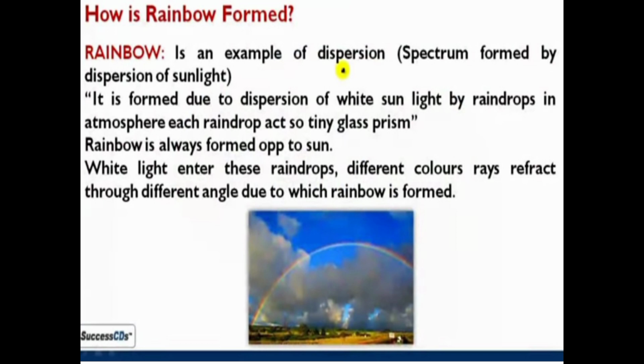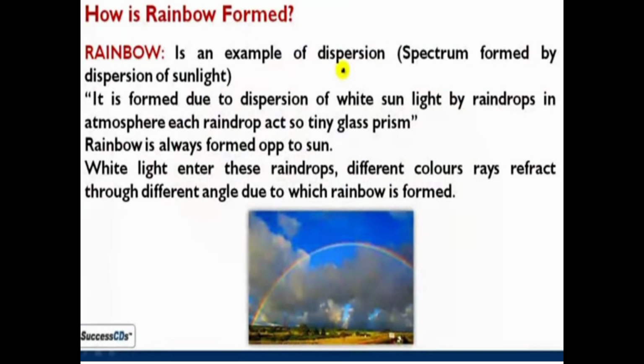So here we can say that these raindrops act as tiny glass prisms because the sunlight is striking those small rain droplets, and white light enters these rain droplets, and different colored rays refract through different angles, and from the rain droplets we get a band of different colors. After refraction from those rain droplets, different colored rays are obtained, and that also at different angles, due to which a rainbow is formed.